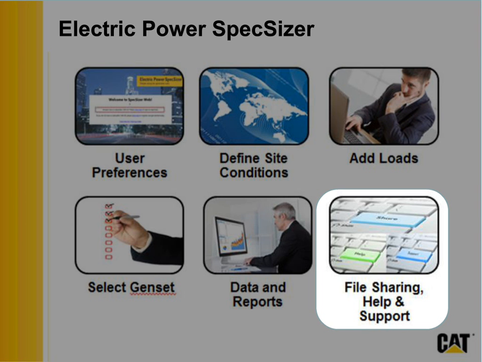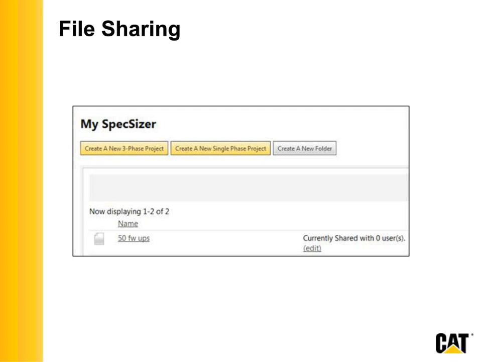So we're going to talk about how do I share my file with another SpecSizer user. There's really a couple places in the tool that you can do that. If you're on the My SpecSizer page, remember we were looking at when you first start, you create either a 3-phase project or a single-phase project, and you've got all your folders, and you do your file maintenance there.